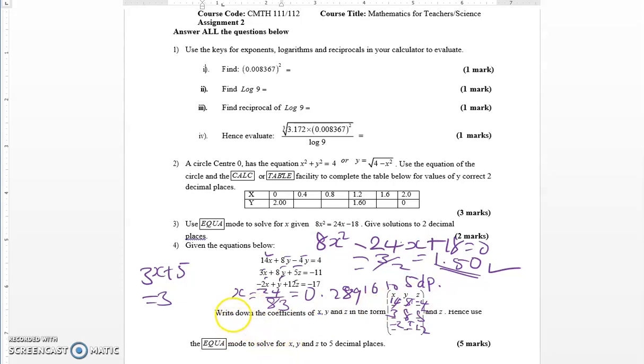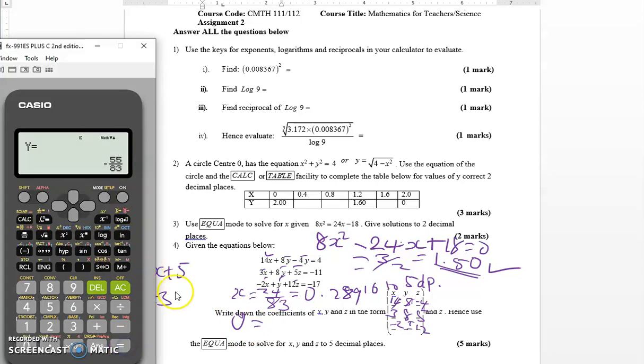So the value for y: go back to the calculator, press the equal sign, y is -55/83.